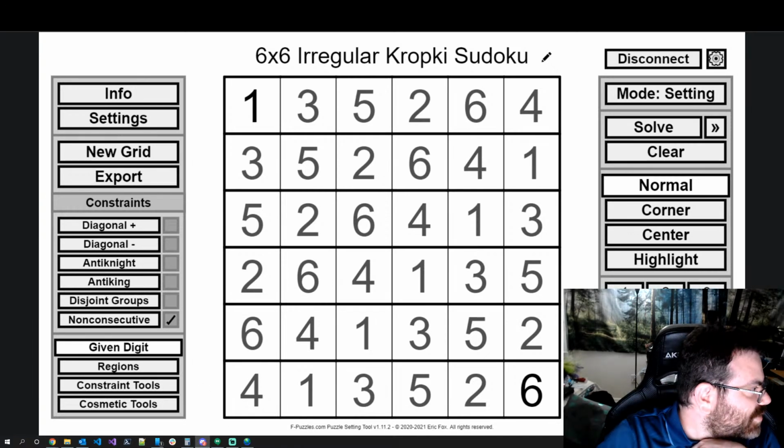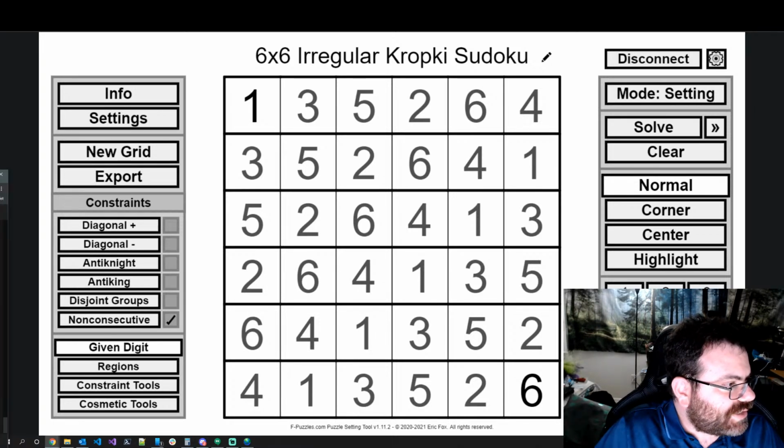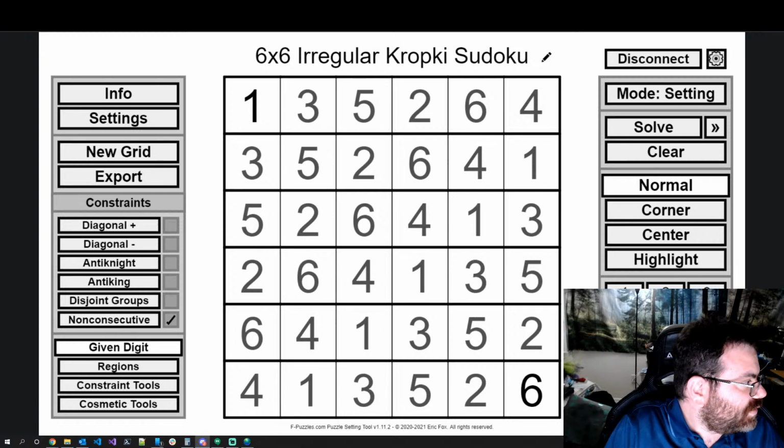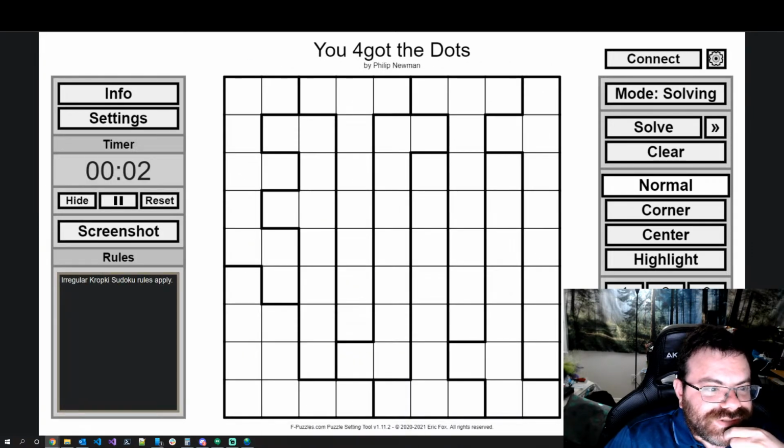I guess one other thing I can show you. Let me see if I can find it. Give me one sec, guys. Philip's been playing with my solver here.